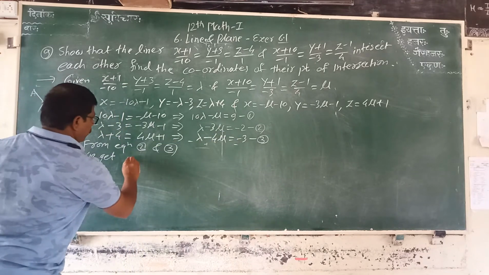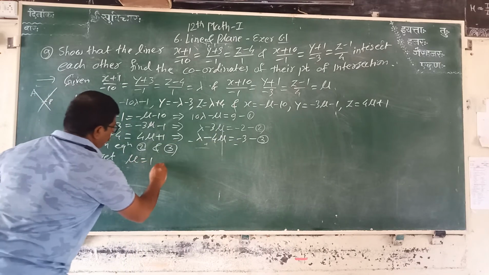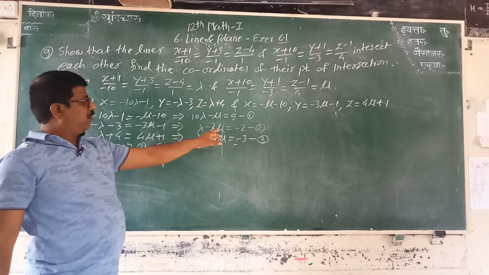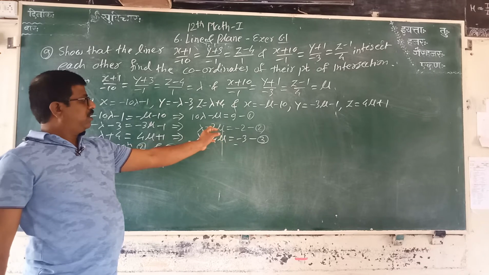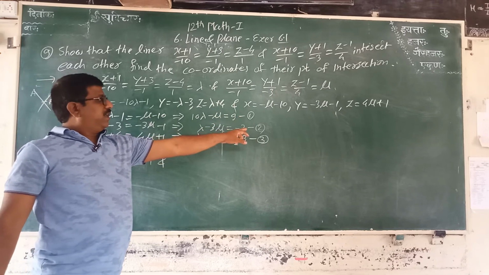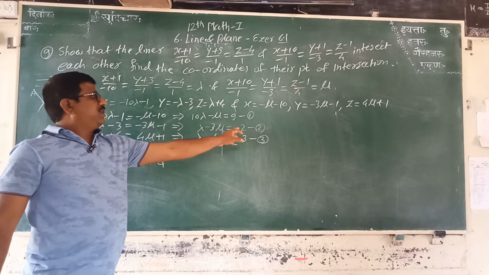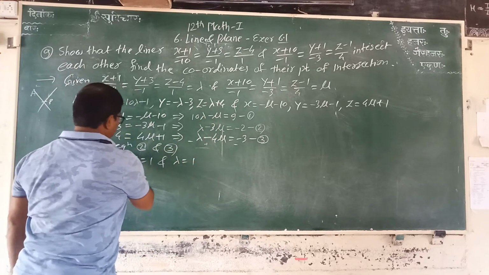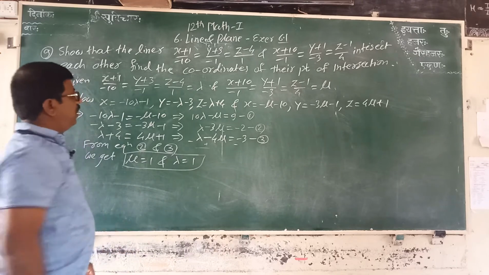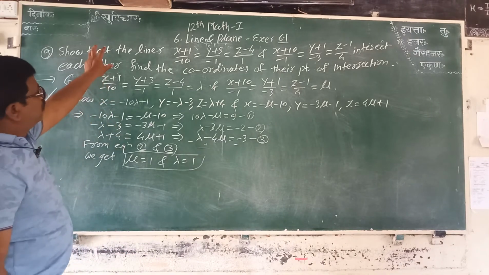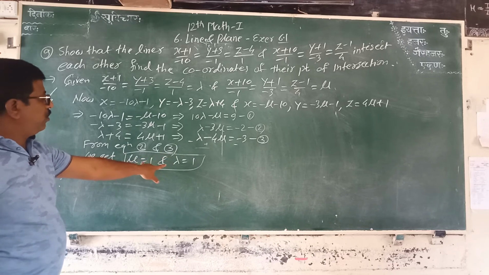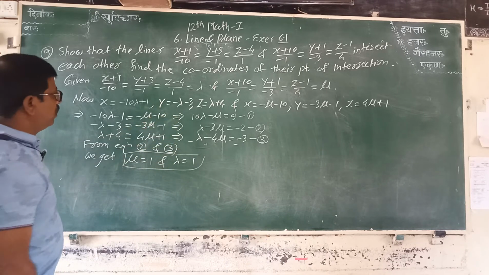Therefore we get mu is equal to 1. Put the value of mu in any one equation, then lambda is equal to 1. We get this value, and now these two lines intersect each other. Then we put the values of lambda and mu in equation 1.